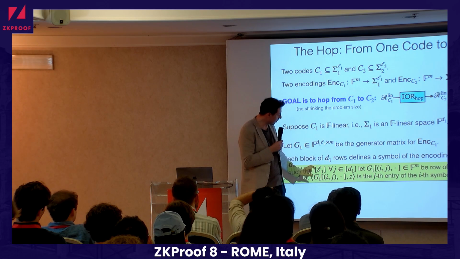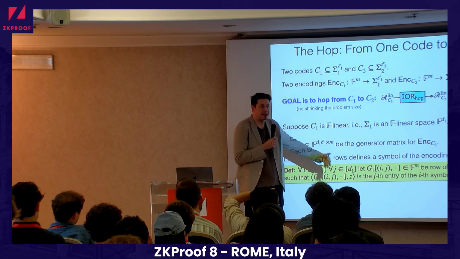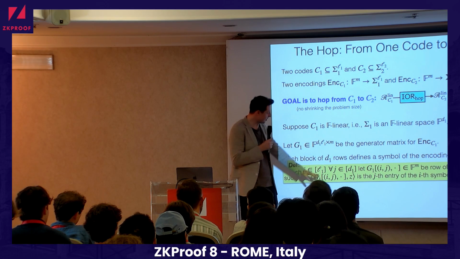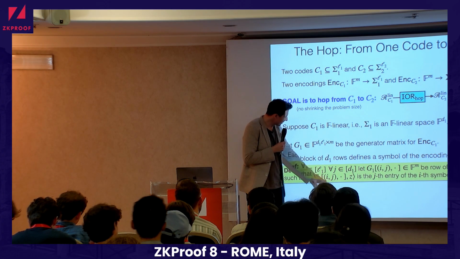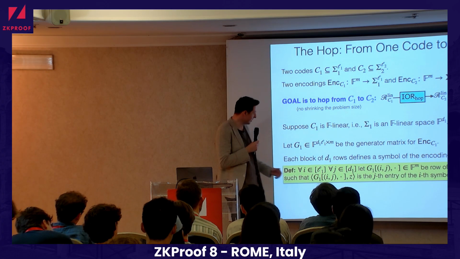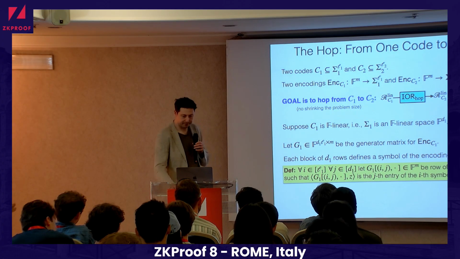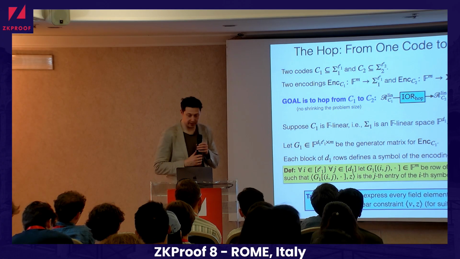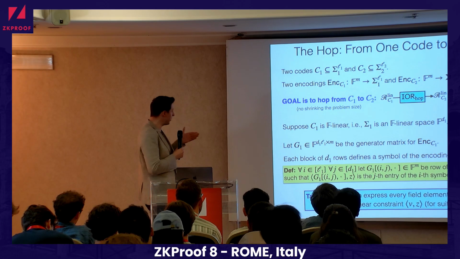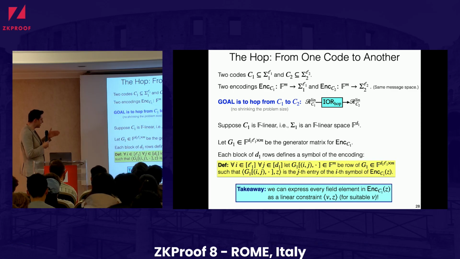So I have a block of D1 rows that together construct the D1 field elements of that symbol. I'm going to use this (i, j) pair to consider the ith symbol, jth location of that symbol. That's all the notation I need. The takeaway is that we can express every field element in an encoded message as a linear constraint.